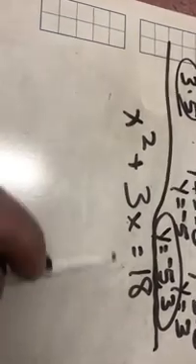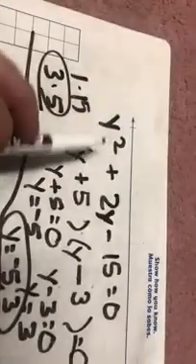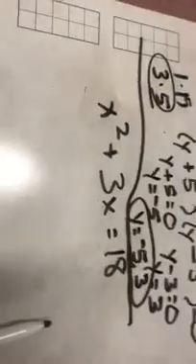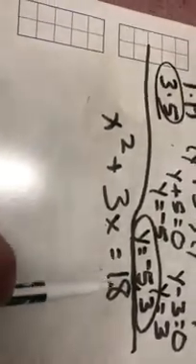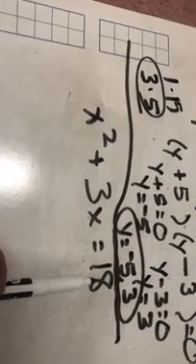All I have to do is rewrite this equation as one like what was up here in the first two examples I did. I need to get it so it looks something like this. Well, how do I do that? I can see I've got 18 over here, and what I want over here is 0.